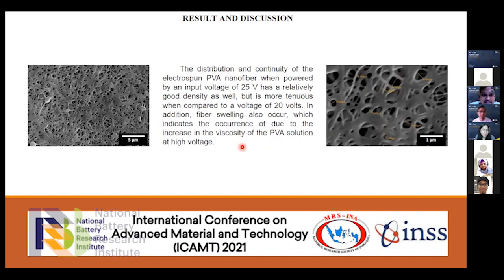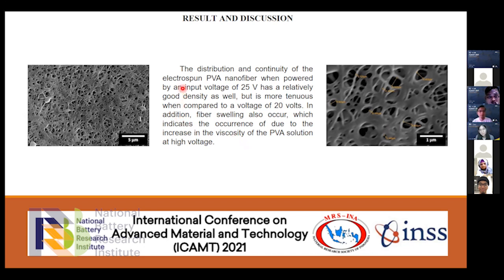And the last sample, the electrospun PVA nanofiber when powered by an input voltage of 25 volts, has a relatively good density as well, but it is more tenuous when compared to a voltage of 20 volts.